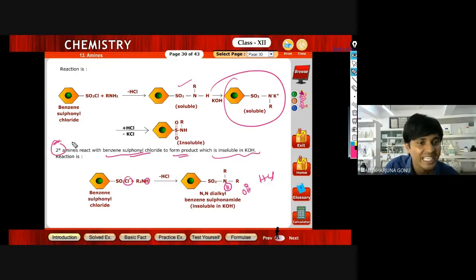Then you can say it is a second degree amine if the product is not soluble in KOH solution. If soluble in KOH solution, that is the primary.